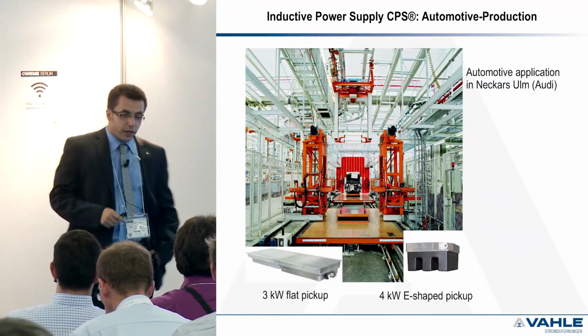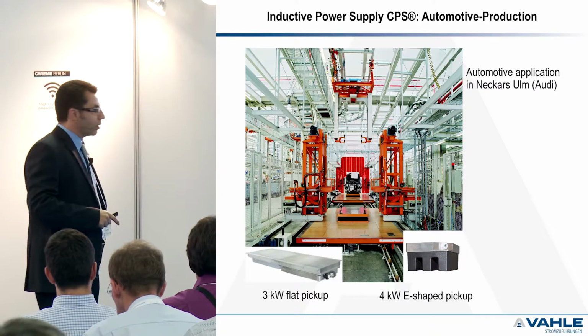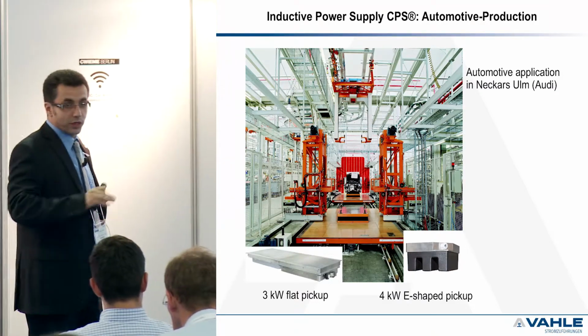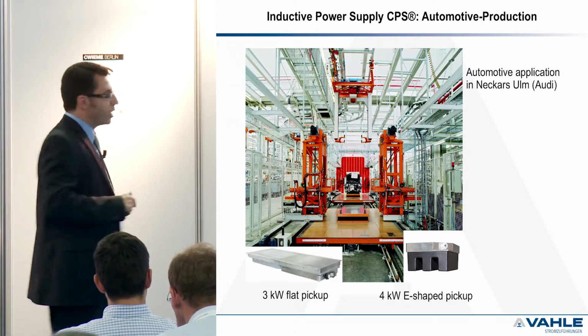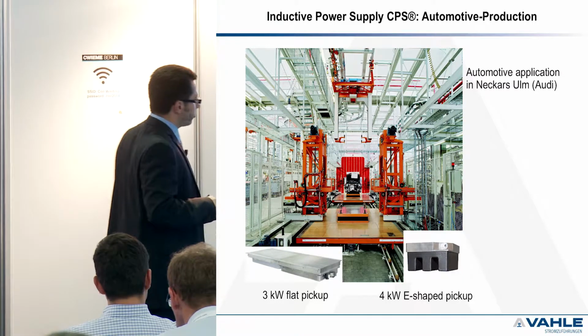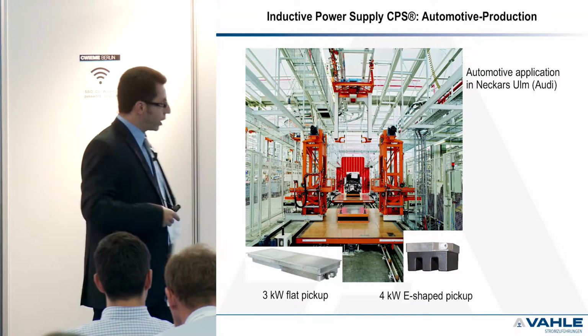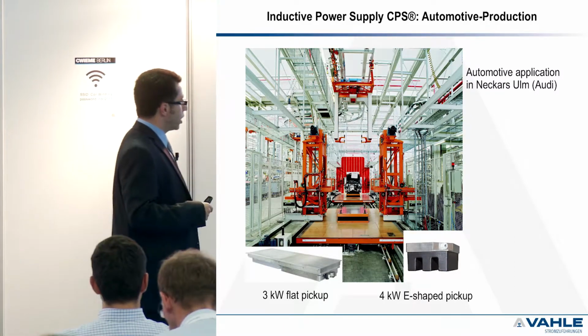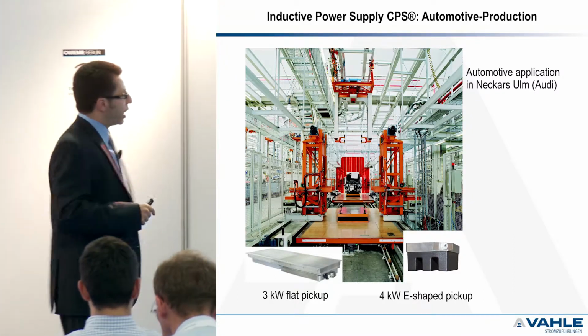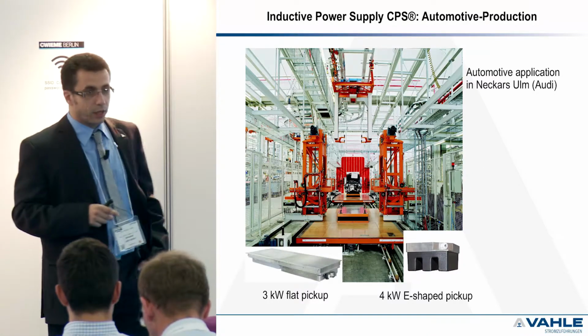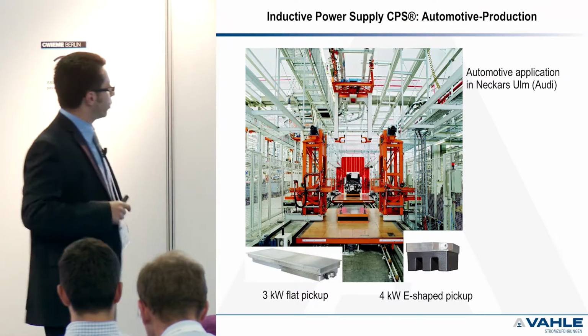Now this is also an automotive application, also for the production. We are still not into the car, we are outside the car. But this is for manufacturing the cars. We got here a little bit more power, 3 kilowatt, for instance, for the flat pickups, and 4 kilowatt for the E-shaped pickup.